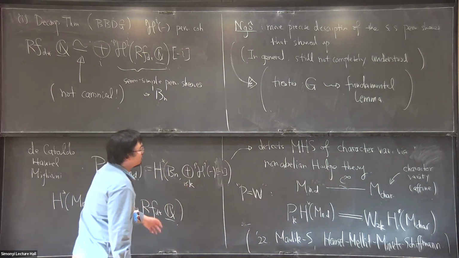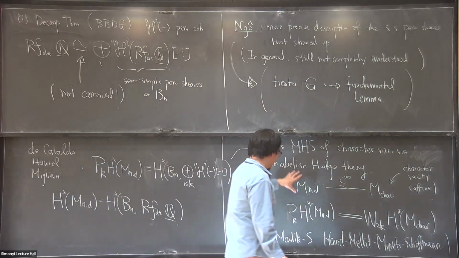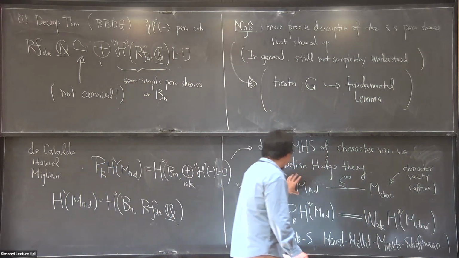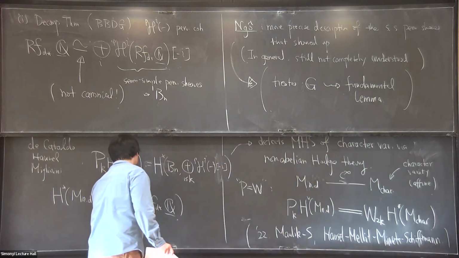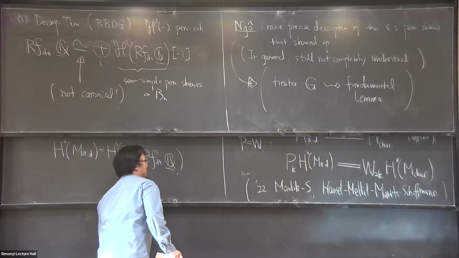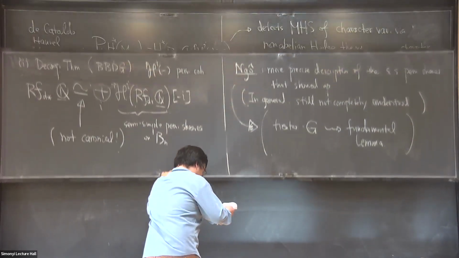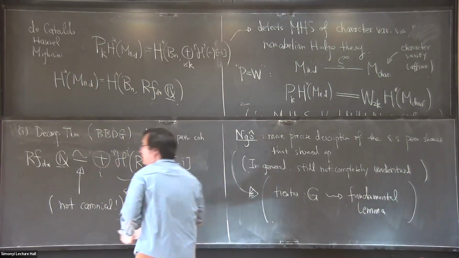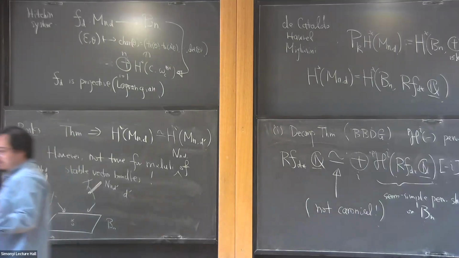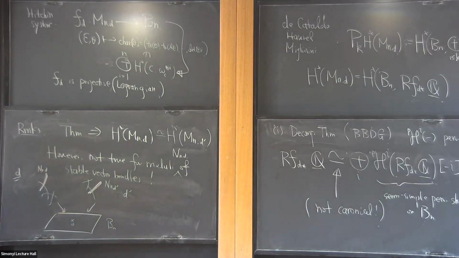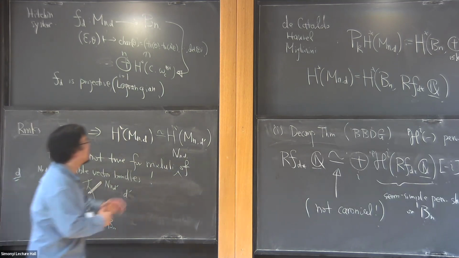So it's very delicate: in some sense the Hitchin moduli space behaves better than the more classical moduli of vector bundles. Okay, so these are the three results I explained concerning the topology of the Hitchin system.